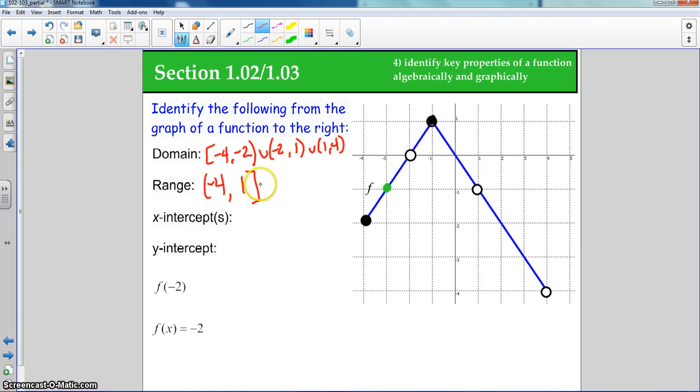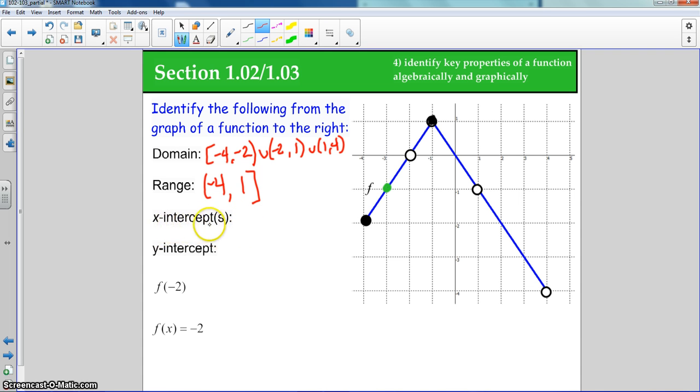So that's the range. Now x and y intercepts, these are the places where it hits the axis. The x-intercept is the place where the function hits the x-axis. The y-intercept is the place where it hits the y-axis. By default, we want to list these as ordered pairs, an x comma y value, rather than just a single value. Sometimes we may ask you to do otherwise, but for right now, default to listing it as an ordered pair.